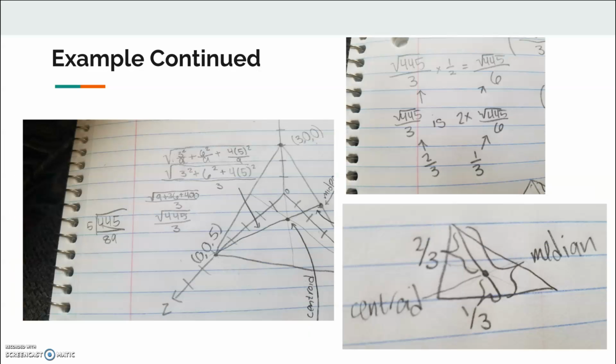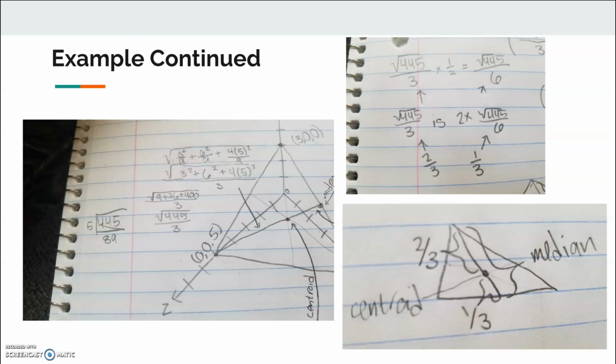Then, to find the distance between the vertex and the centroid, the equation is the square root of a squared over 9, in this case a is 3, plus b squared over 9, in this case b is 6, plus 4 times c squared over 9, in this case c is 5.